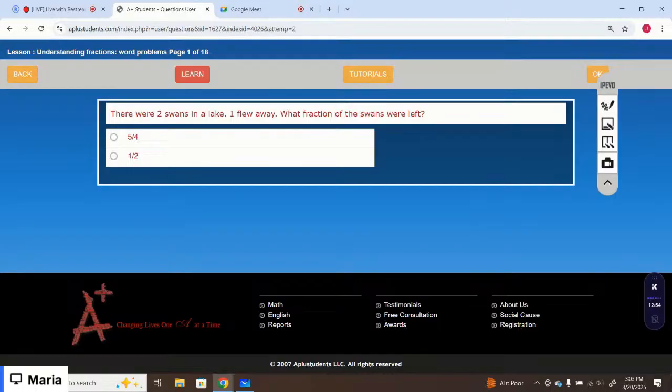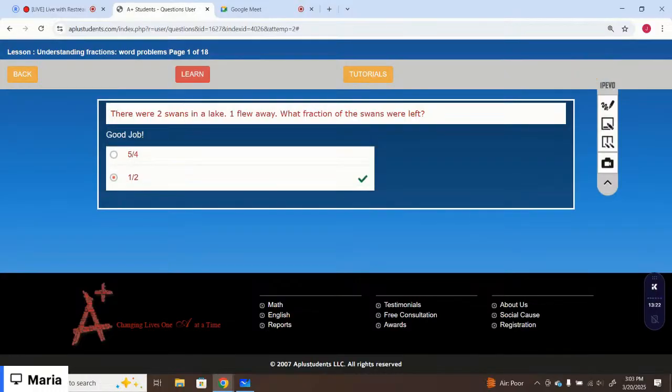What fraction of the swans were left? So you have 2 swans and one flew away. So you are left with 1 out of 2. Option number 2 is the correct option. Very good.